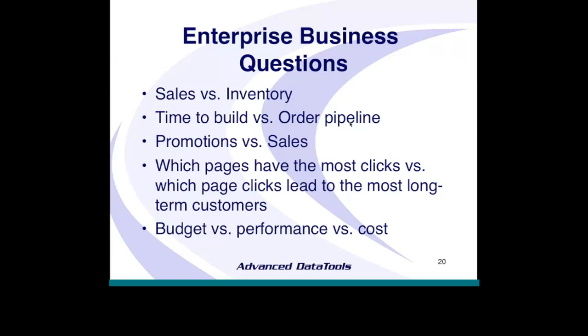But I've seen a lot of websites that track page clicks, but what you really want to know is which page click combinations will lead to the most long-term customers. So maybe you can start predicting who in the future might be a long-term customer or a good customer versus who's just going to be a one-time customer. And things like budget versus performance versus cost.